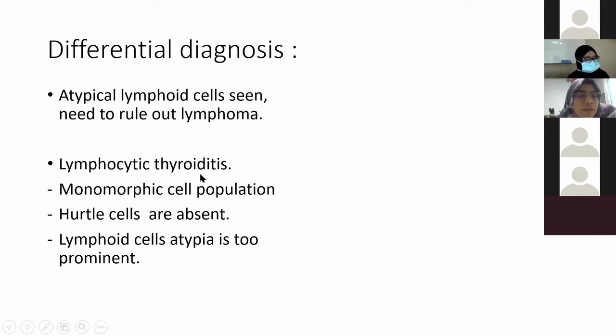In lymphocytic thyroiditis, usually the cell population is more polymorphic, there is also presence of Hurthle cells, and the atypia is not so prominent. However, this contradicts our case, where the atypia of the lymphoid cells is too prominent. So that is the differential diagnosis that we can give in this kind of case.